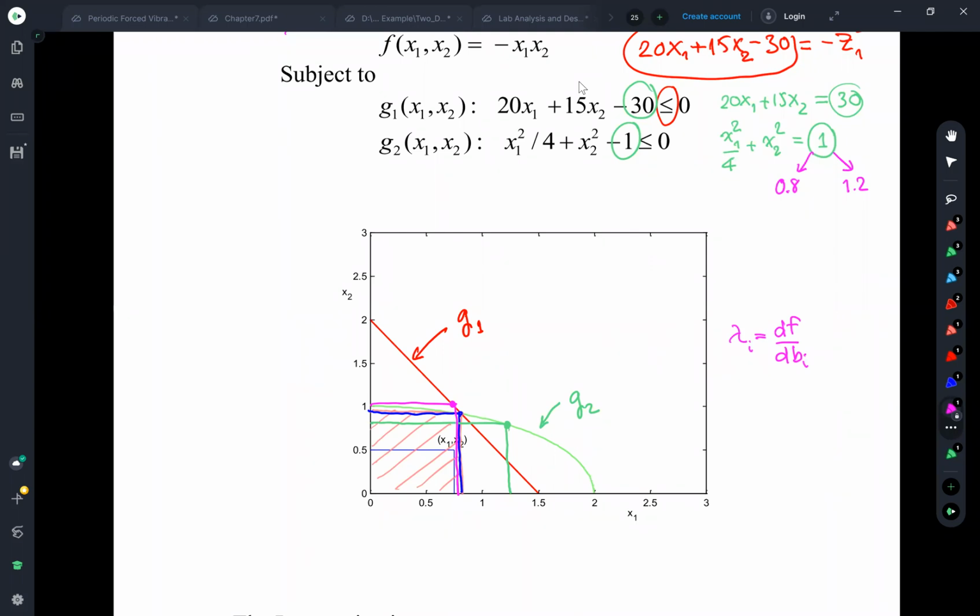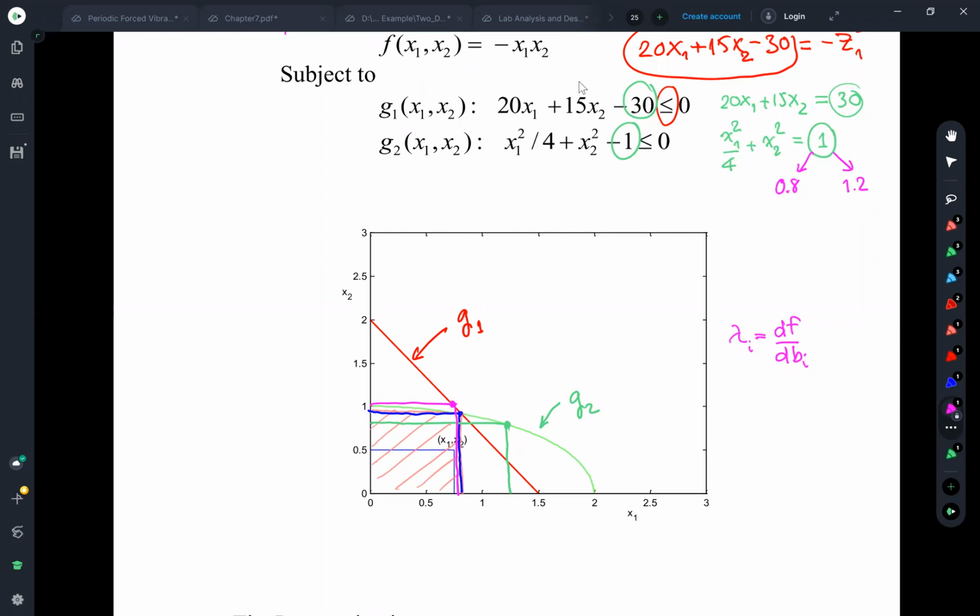I'm sorry, I just saw the chat asking me to please explain. Why can x1 and x2 not be negative? We don't accept that.